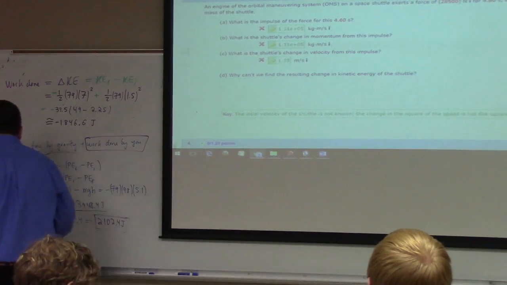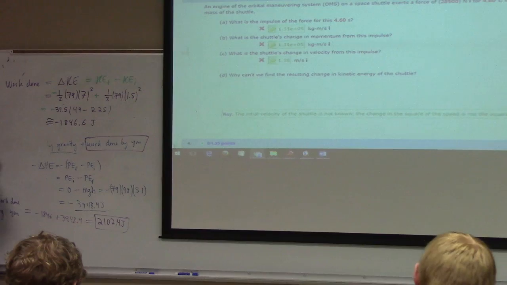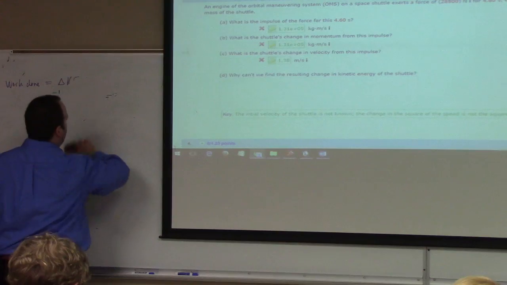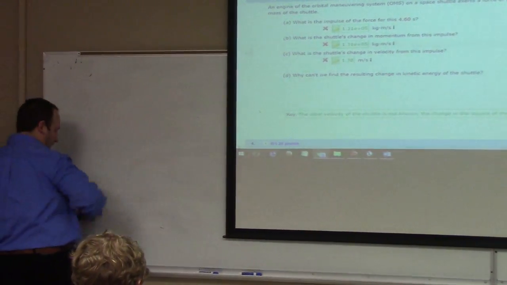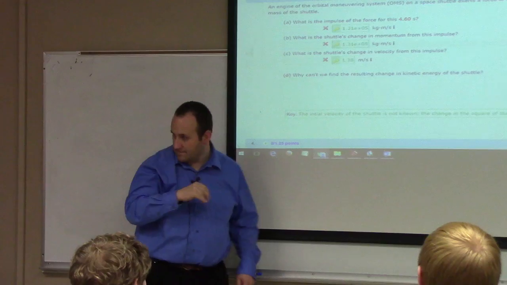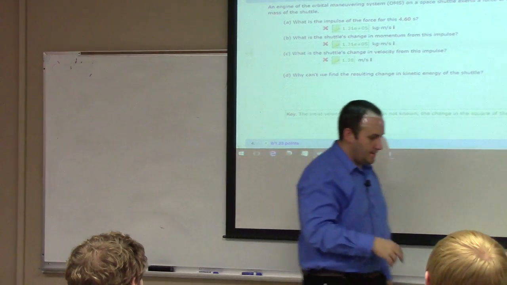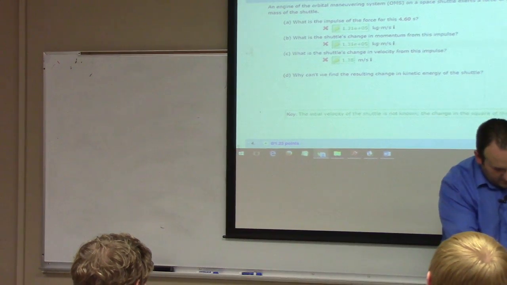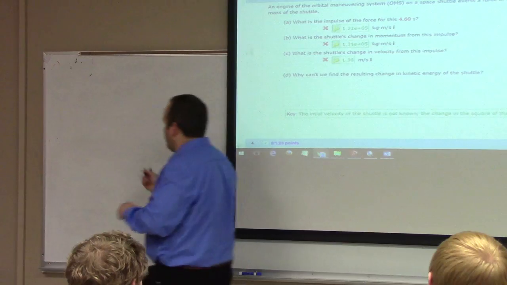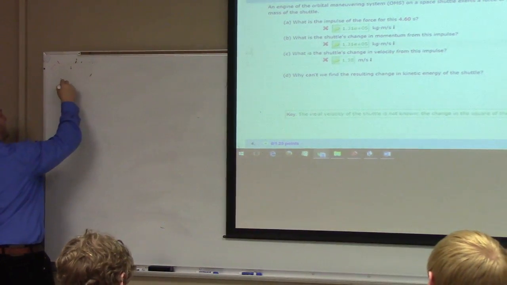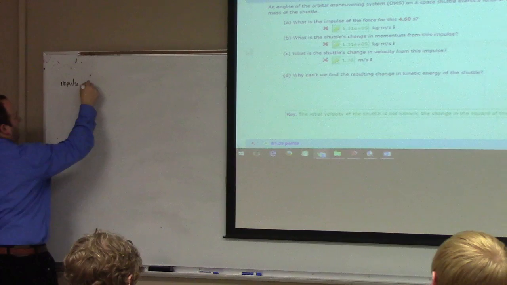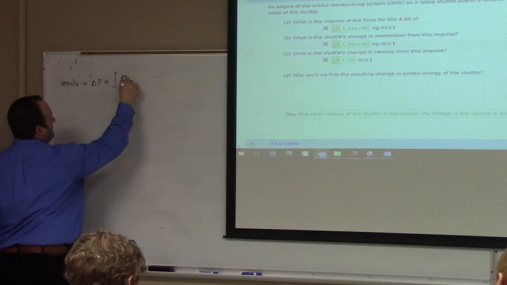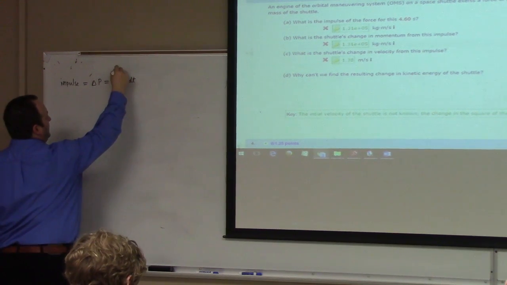So what's impulse, guys? Force times change in time equals change in momentum. When is that true? When the force is constant. Very good. But more fundamentally, impulse is the change in momentum, which is the integral of dp/dt over whatever time interval we're talking about.